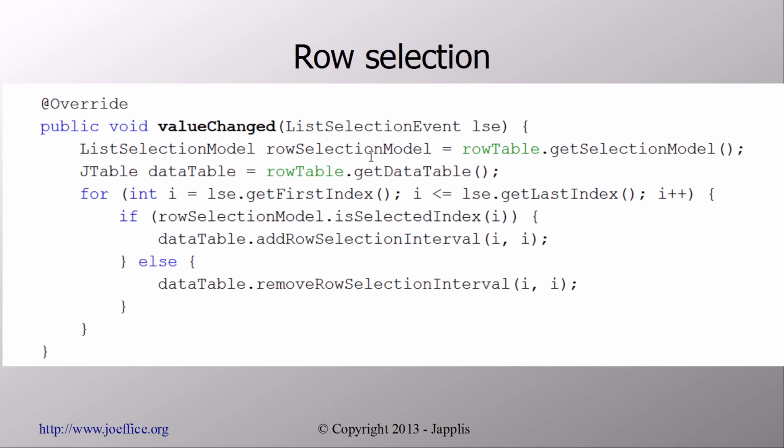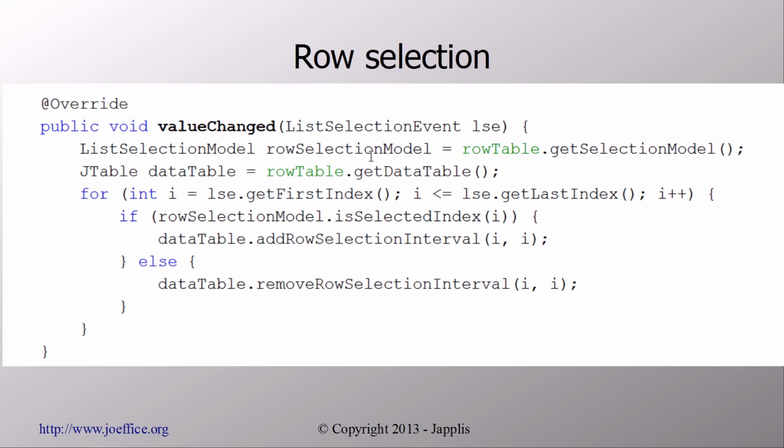Now we're going to talk about the row selection. That's also something that we're going to do within the row header on the left side. The row header is also a JTable, so it's very easy to do. You just need to listen to the selection of this row header, which is actually a table with one column.